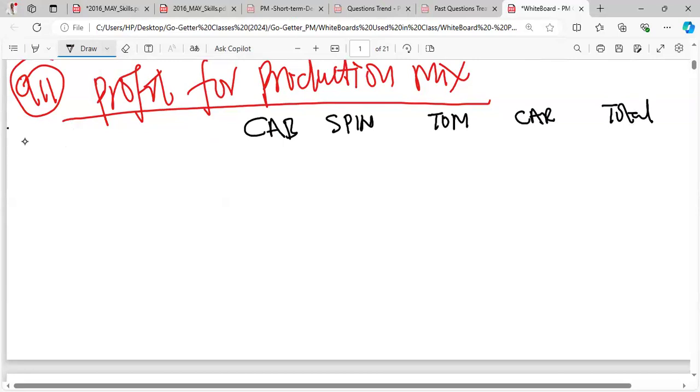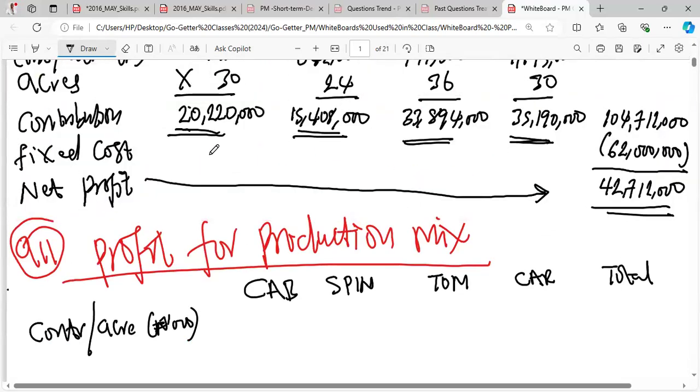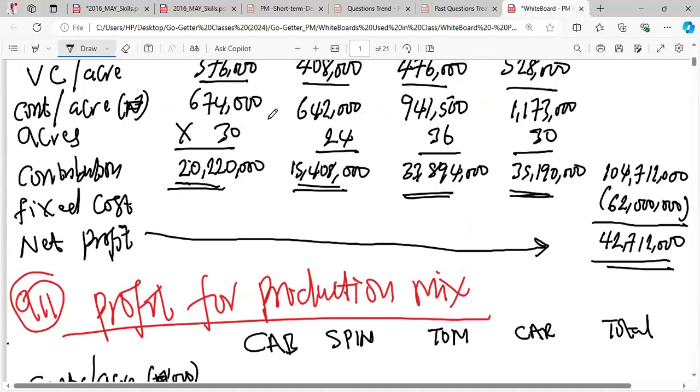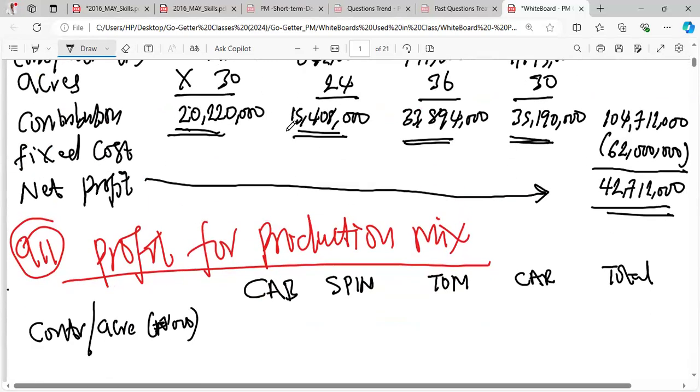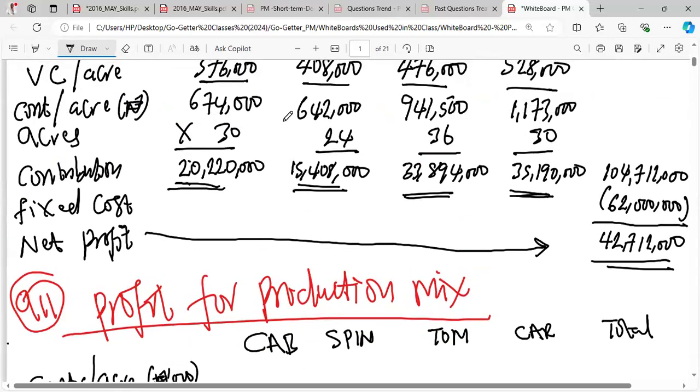So the first thing now to do is, this is our contribution per acre. This is in naira. Let me put it in 3 naira sign. Contribution per acre is what we just did here before. Let me do it so that I can see it here.